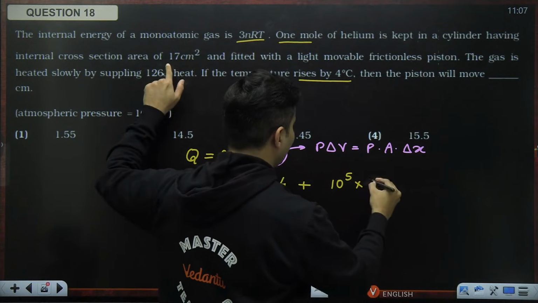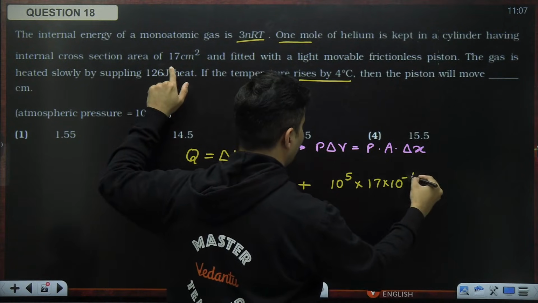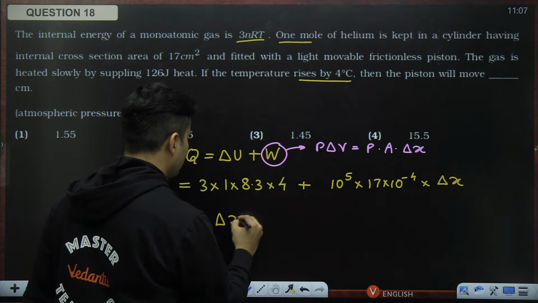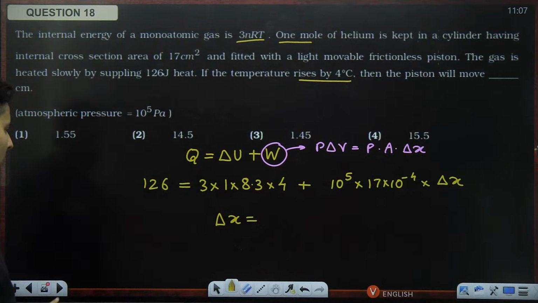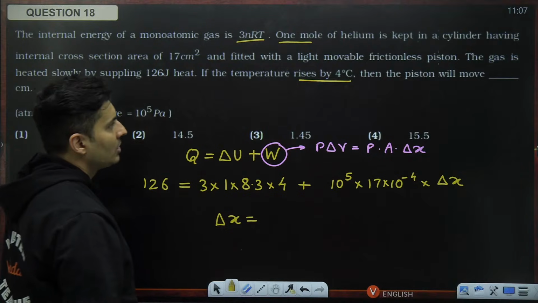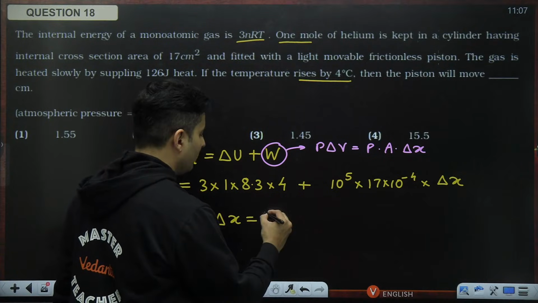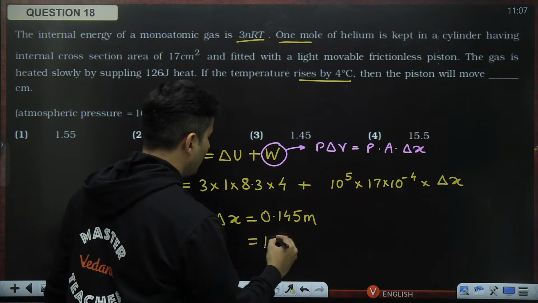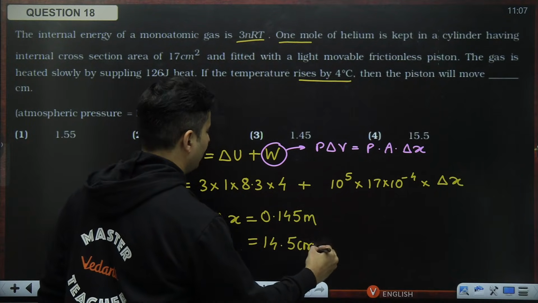What is the area? 17 centimeter square, so 10 to the power minus 4. Delta X is the only unknown. Solving this, you will get the value of delta X. So the answer comes out to be 14.5. The piston will move 0.145 meters, which is 14.5 centimeters.